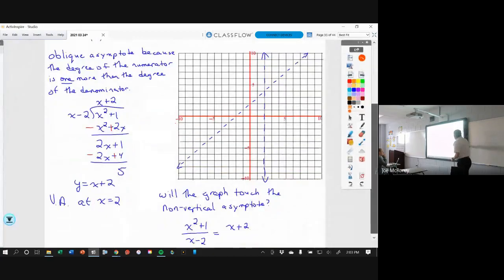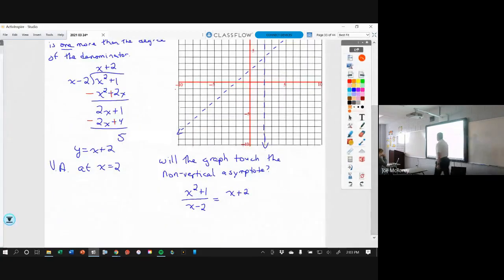But we don't have one yet. The non-vertical asymptote was x plus 2. Can the function equal x plus 2? Make it look like a proportion.